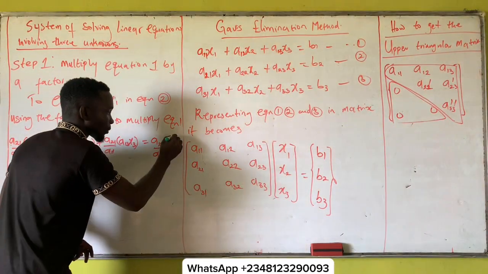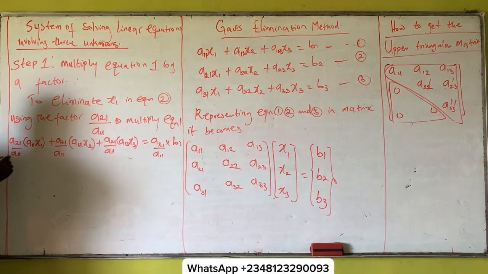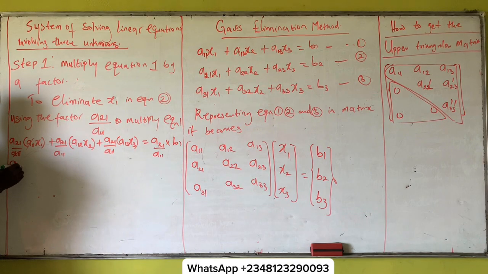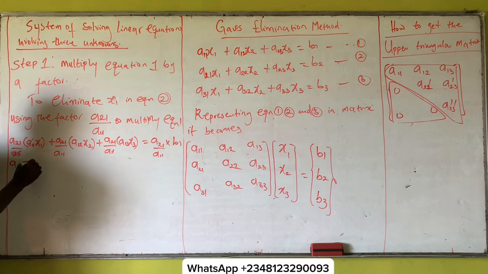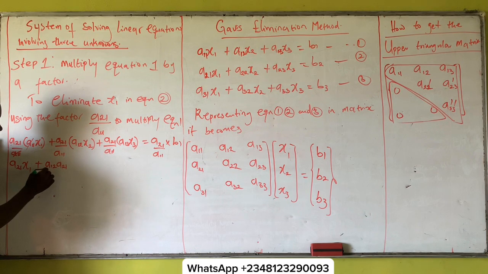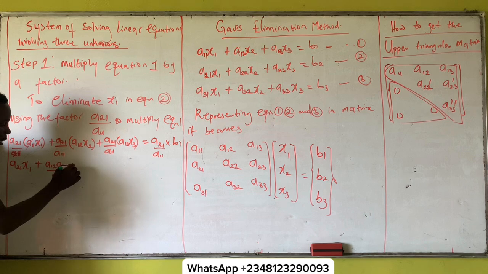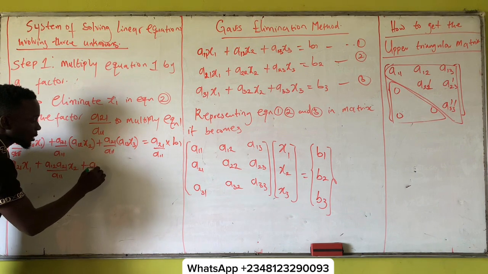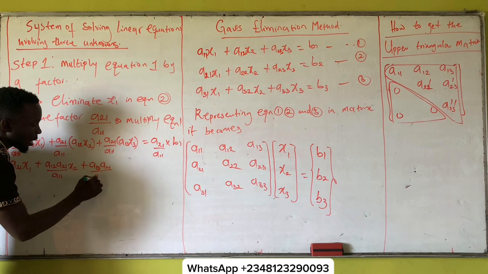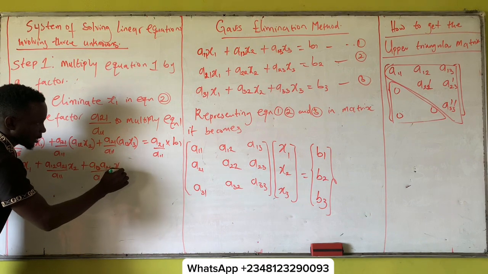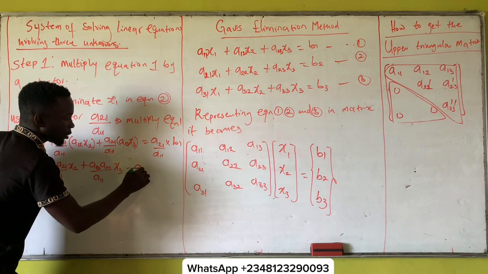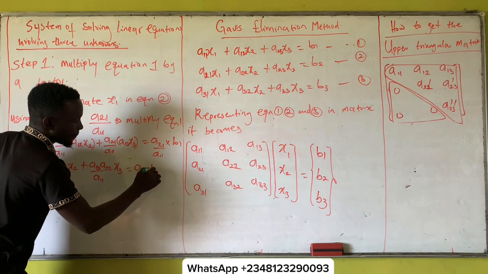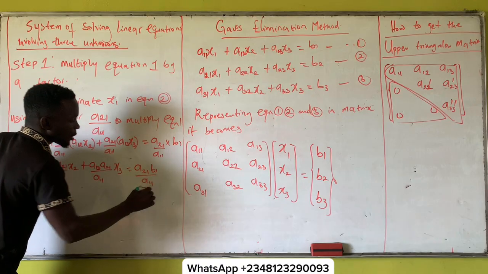If you do this, you can see that A11 cancels A11 here. We are going to have A21 x1 plus A12 A21 all over A11 x2 plus A13 A21 all over A11 x3 equal to A21 B1 divided by A11.